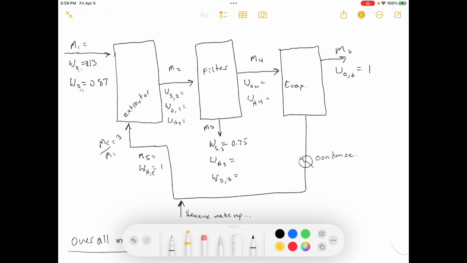And then part A, they say, draw and label a flow chart of the process, do a degree of freedom analysis, and write in an efficient order the equations you would solve to determine all unknown stream variables, circling the variables for which you would solve.